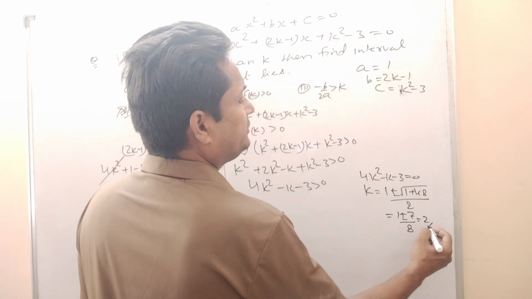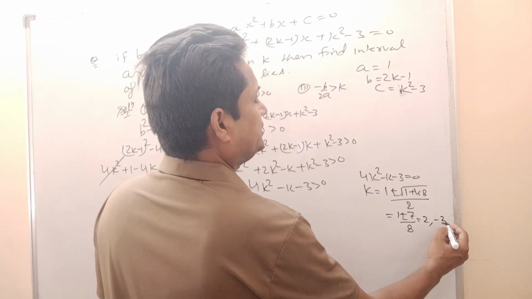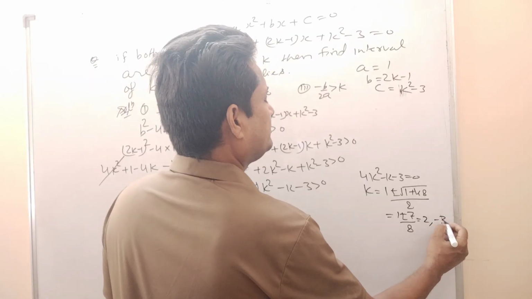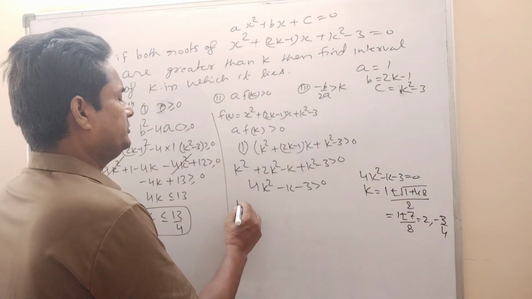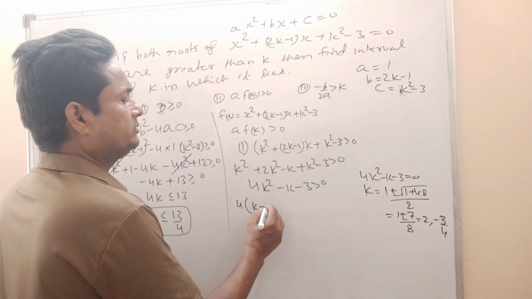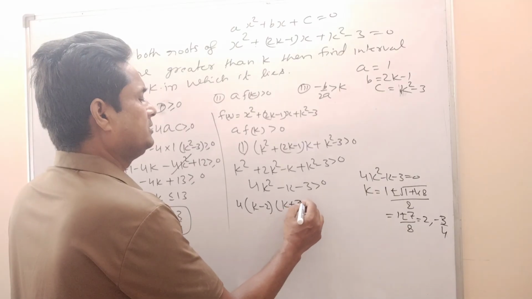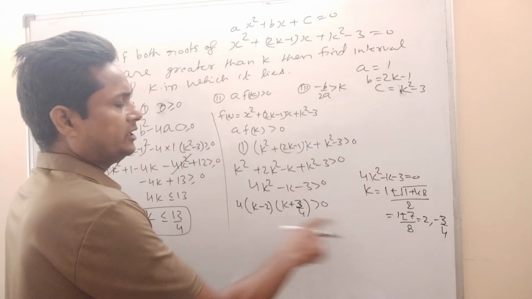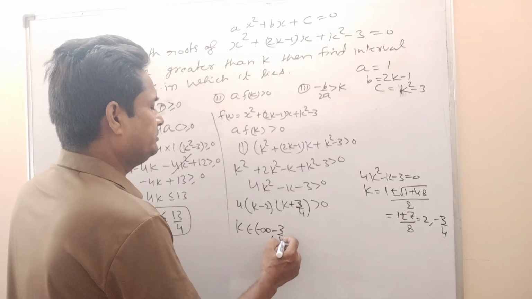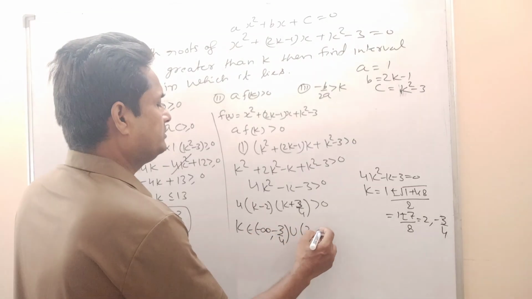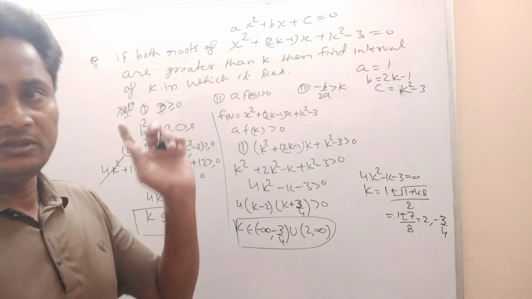That means one root will be 1 and the other root will be minus 3 by 4. That means the factors of this will be (k minus 1) into (k plus 3 by 4) greater than 0. Now divide by 4. So the answer will be minus infinity to minus 3 by 4 union 1 to infinity. I told you how to solve this inequality in the previous videos.